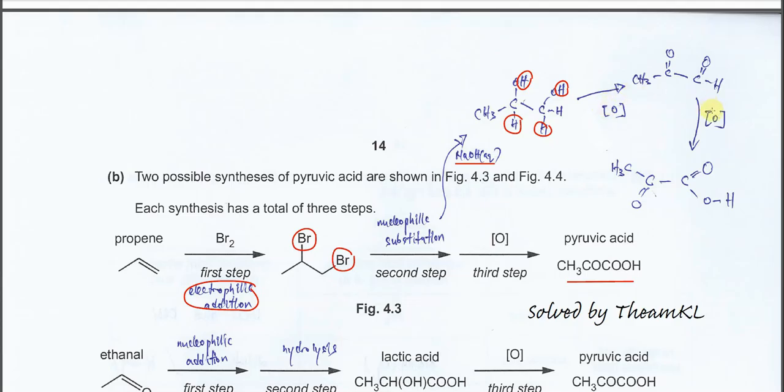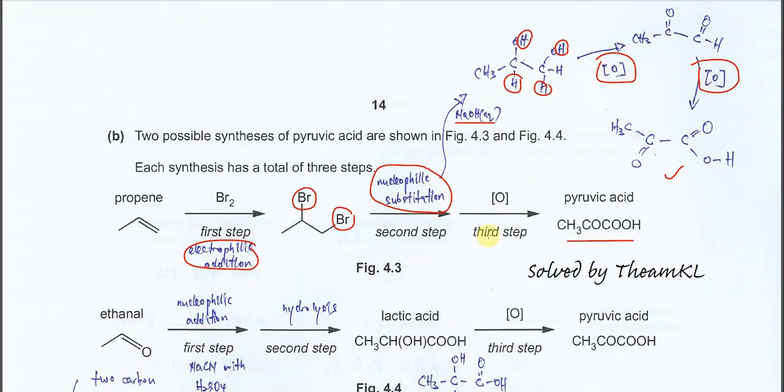After this oxidation, it can form pyruvic acid. So the second step needs to be nucleophilic substitution, which involves sodium hydroxide in water. The third step uses the oxidizing agent, so the third step is oxidation. The second step is nucleophilic substitution.